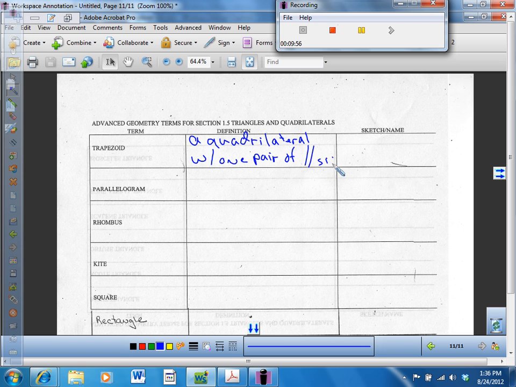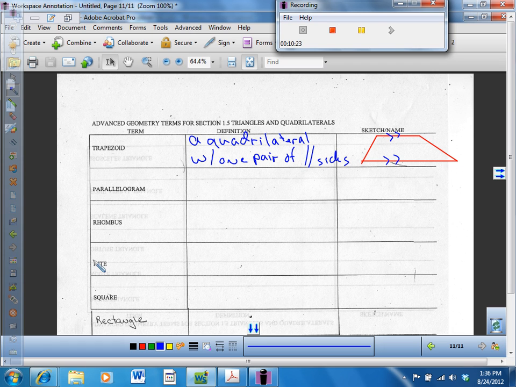And when you draw a trapezoid, I'll just use my straight line tool here. And I'm going to indicate that two of those sides are parallel. You can either put one little arrow on there or two little arrows on there. Like that.